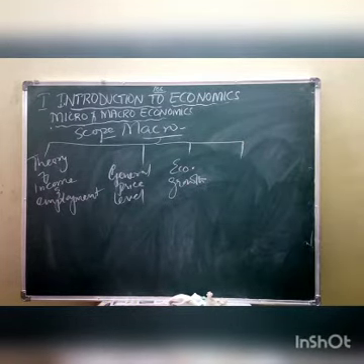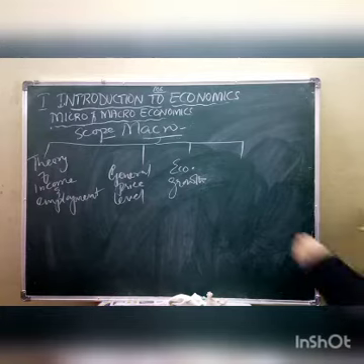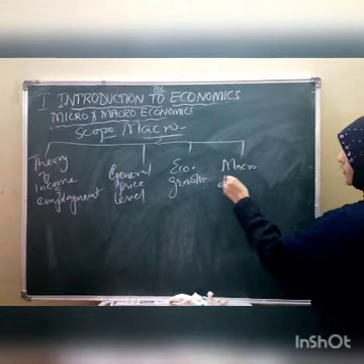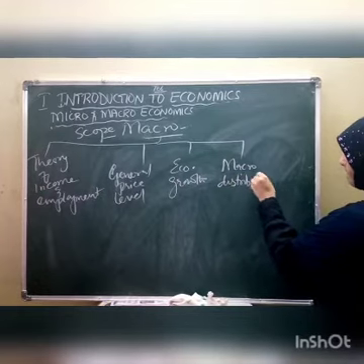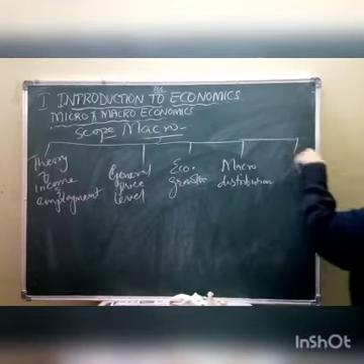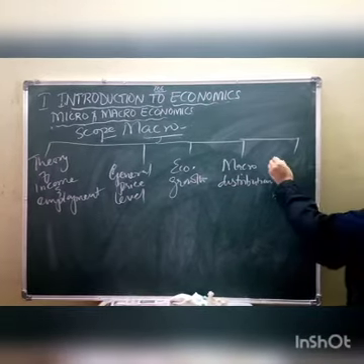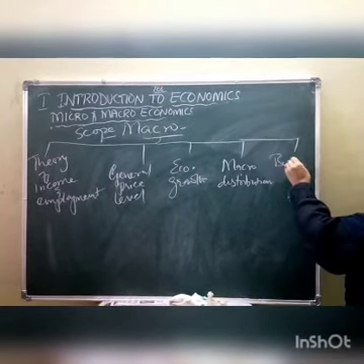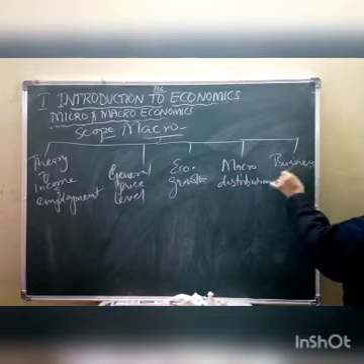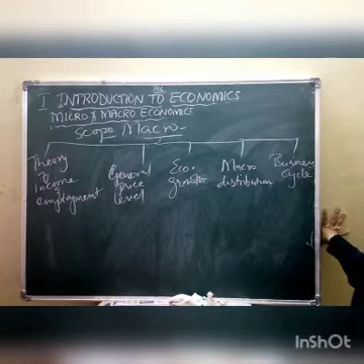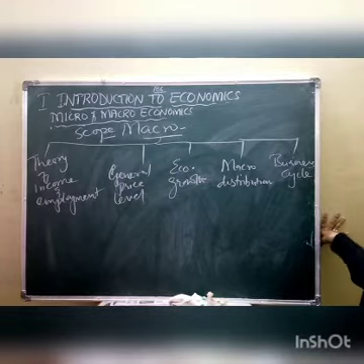The fourth is the theory of macro distribution. And the last one is the theory of business cycles. So this is all about the scope of macroeconomics.